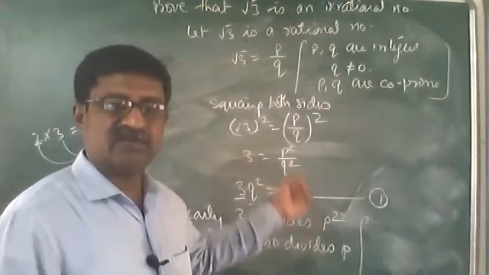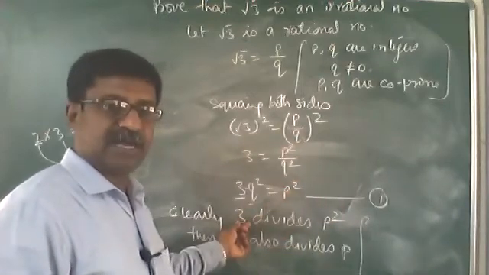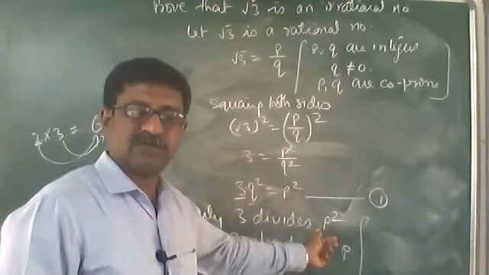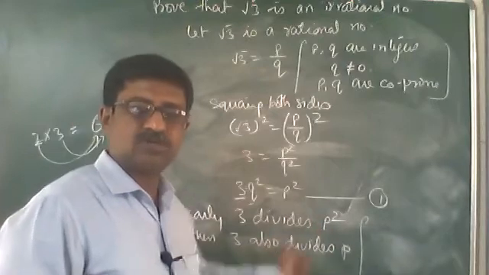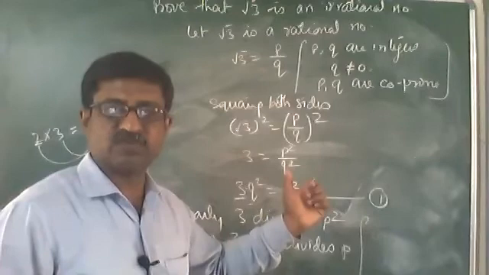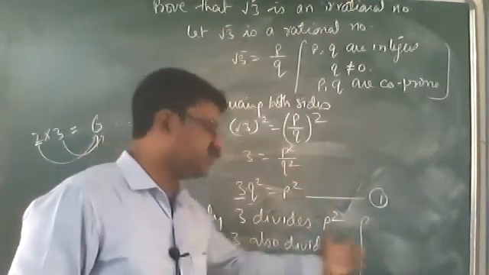If 3 is a prime number, and it is dividing p square, then 3 also divides p. This is the theorem we have written just before doing this question. That means 3 is dividing p.